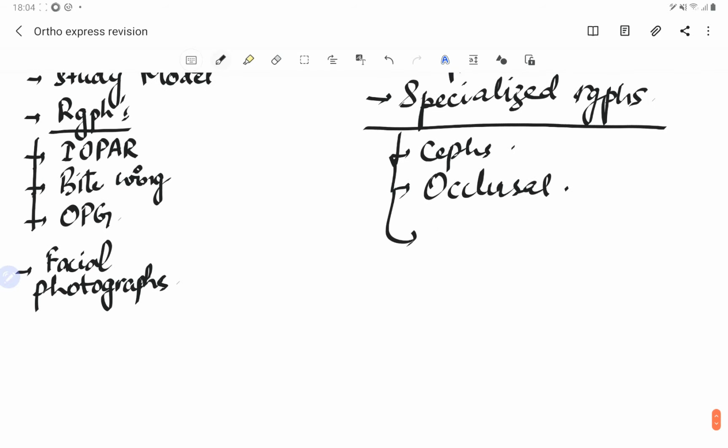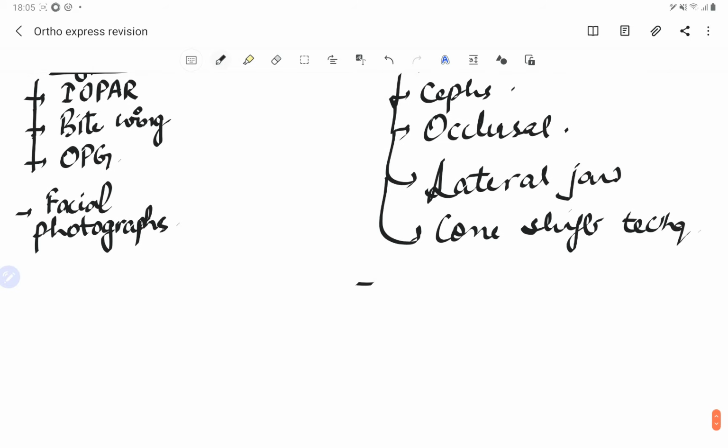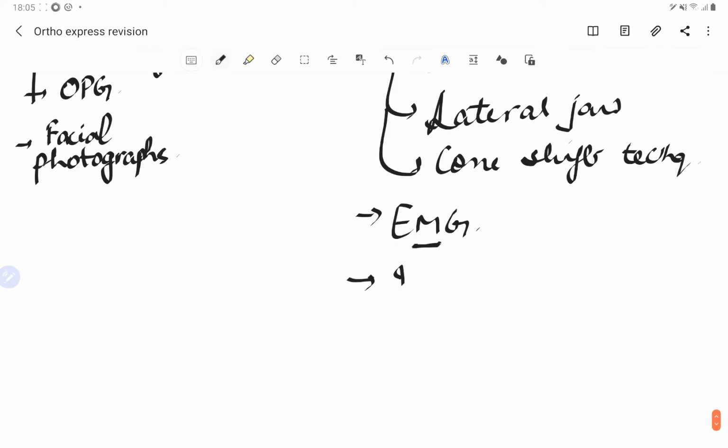Then we have lateral jaw views. Then we have the cone shift technique. So these are the specialized radiographs. Also, there may be a requirement for electromyography for the examination of muscle activity. As you can see, the M is there, so muscle activity we examine. There may be a requirement for a hand wrist radiograph in certain patients in order to assess the bone age or maturation age.